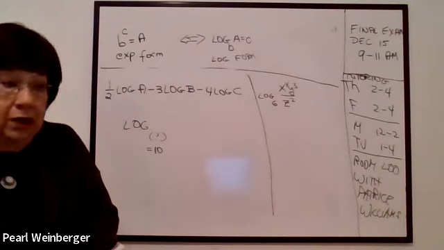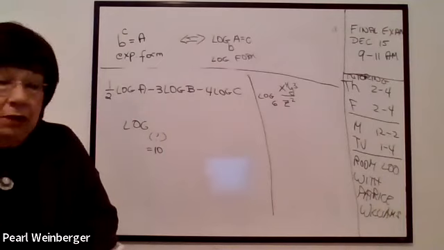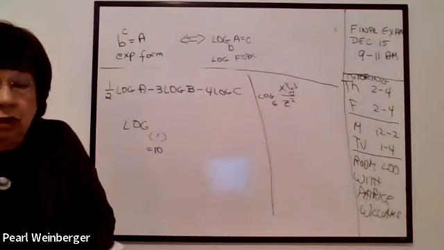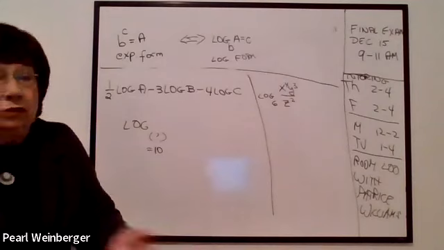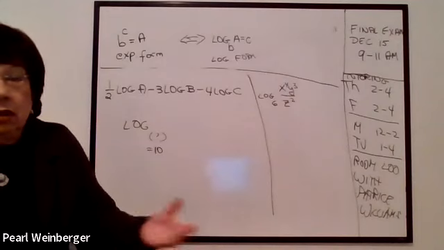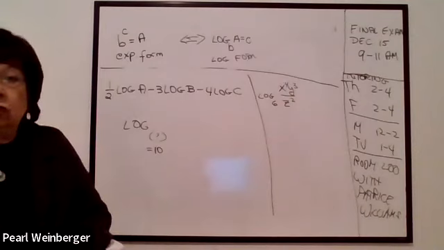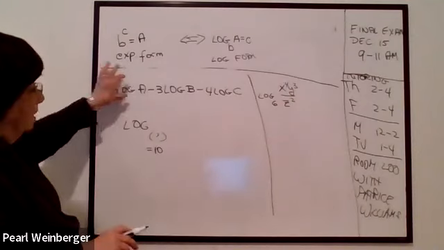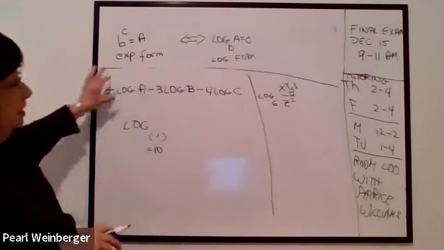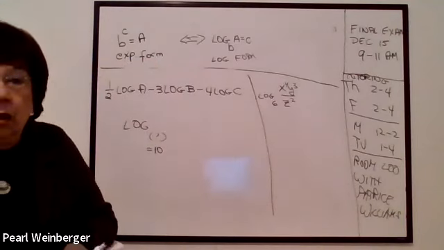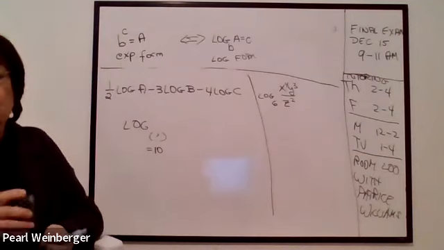So if you have a choice as to what base to use, probably 10 is a really good number, because 10 squared is 100. They're very easy numbers to work with. So therefore, in this case, if I didn't write the base, it wasn't that I forgot the base. I'm talking about a log base 10.